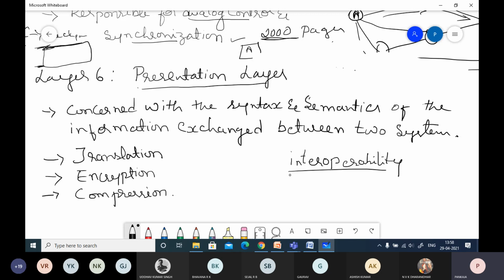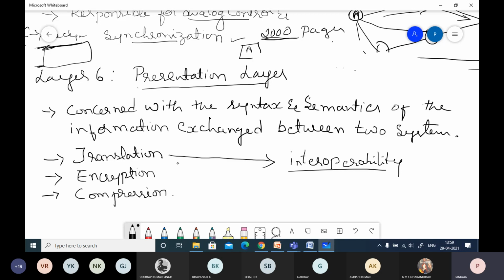Even with respect to software, even if you install the Linux or Fedora operating system, the device is still compatible and works fine. This type of interoperability is taken care of by the presentation layer. This interoperability is a part of translation.